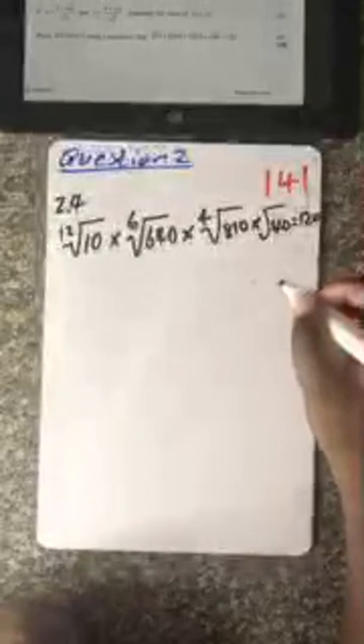Ladies and gentlemen, very much important. For this question, guys, your starting point is very much important because it's going to lead you to the final answer, which is correct. Remember, when you have something like 3 to the exponent x, this thing is the same as x to the exponent 1 over 3.